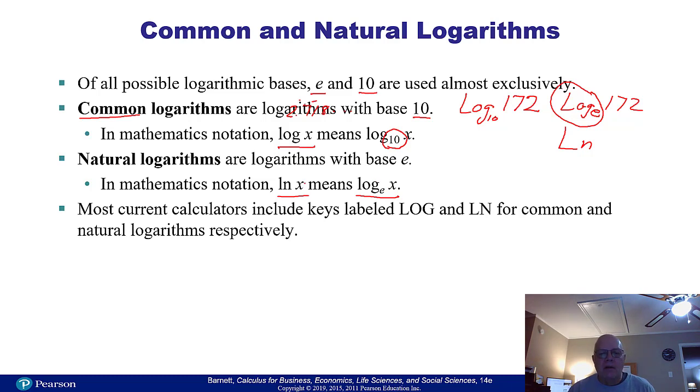You might very quickly become familiar with log and ln on your calculators so you can access them quickly. Some of them have ln for a second function, but you find out what works on your calculator.